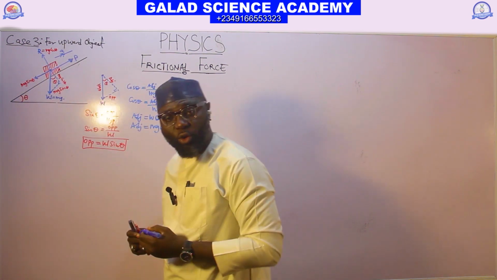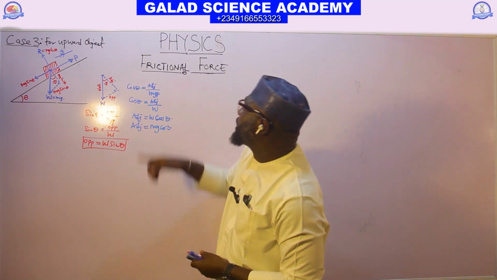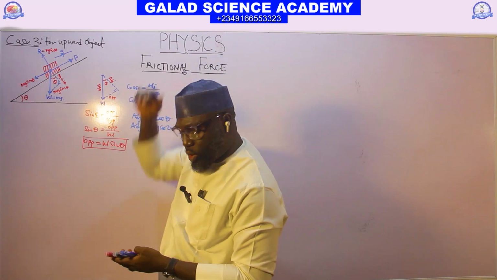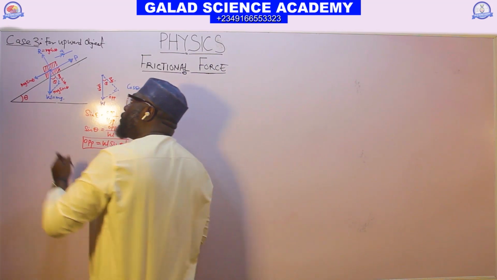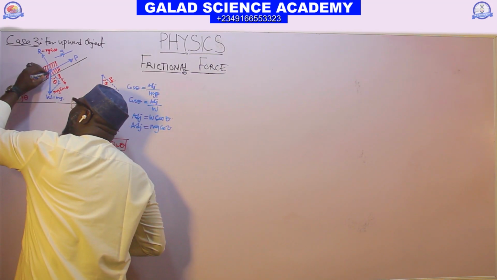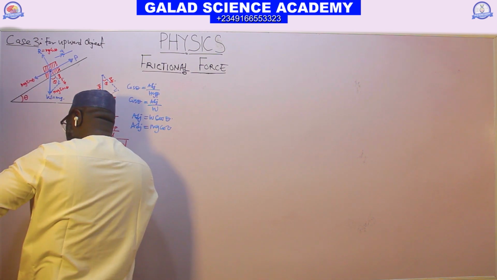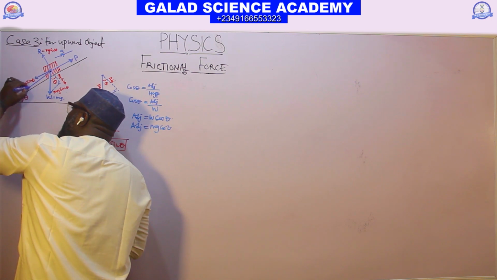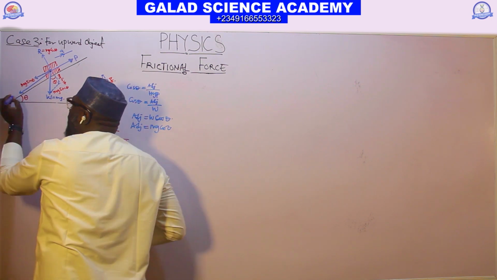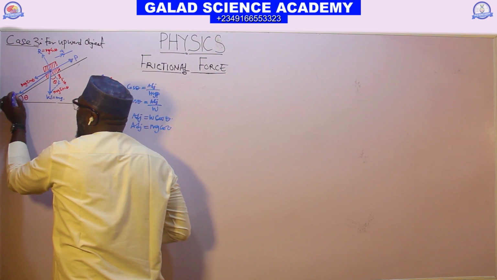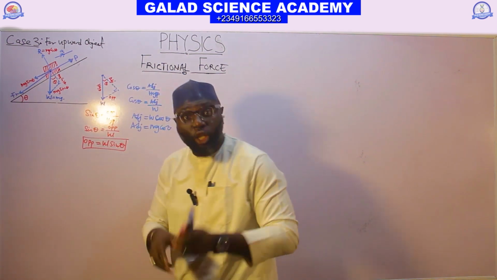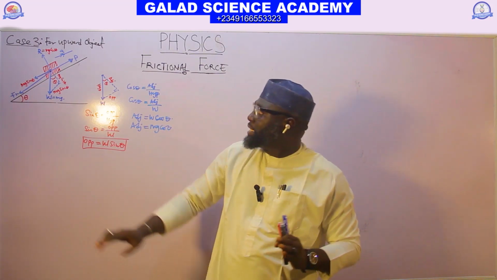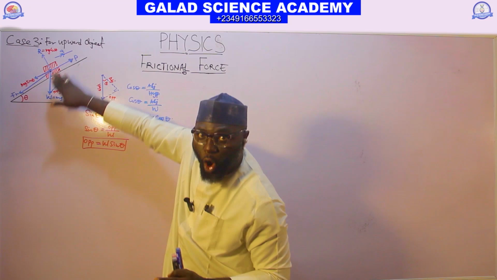So when the body is moving up, there is a particular force, which is frictional force, that will oppose the moving of this block upward. And the force is always downward. So you will now have another force coming from here, and that force is frictional force, Fr, because its own job is to oppose the direction of motion. This is the force that will drag the block upward.